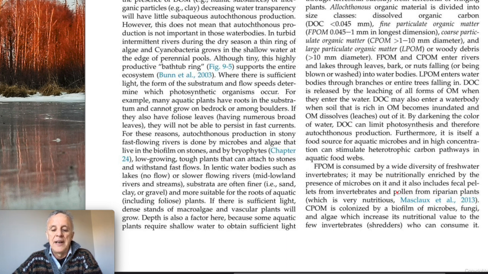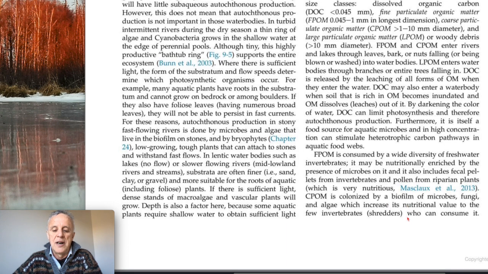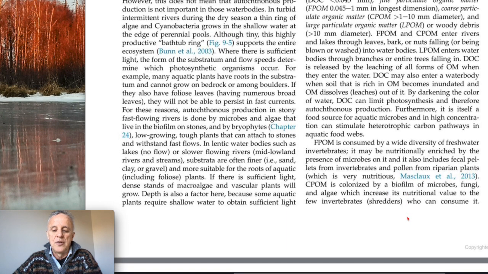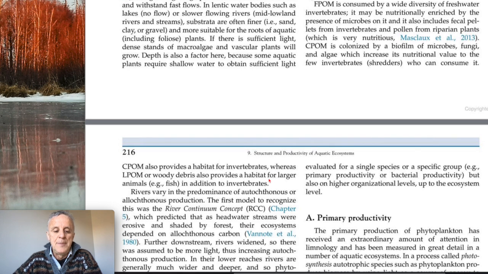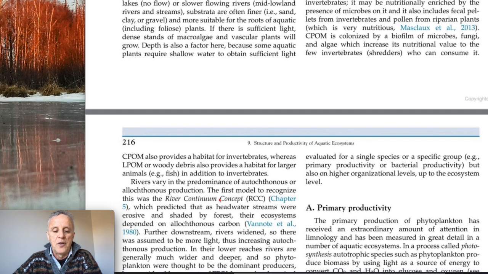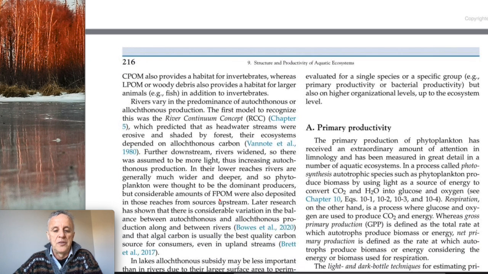CPOM, coarse particulate matter, is colonized by a biofilm of microbes, fungi, and algae, which increase its nutritional value to the few invertebrate shredders who can consume it. CPOM also provides a habitat for invertebrates, whereas LPOM, or woody debris, also provides a habitat for larger animals, for example fish, in addition to invertebrates.